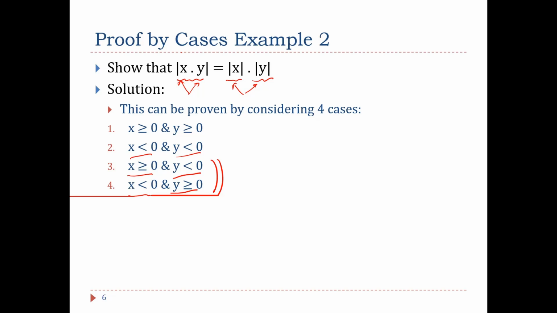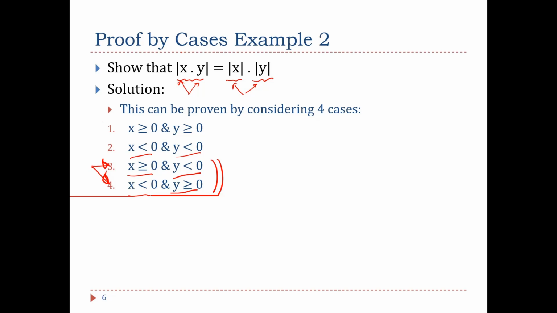Okay, it works also the other way around. Because once you prove it for any two integers where one of them is greater than or equal to 0 and the second one is less than 0, without loss of generality, you can also assume that it's also true for the fourth case. Okay, so we are going to talk about the without loss of generality in a couple of slides.